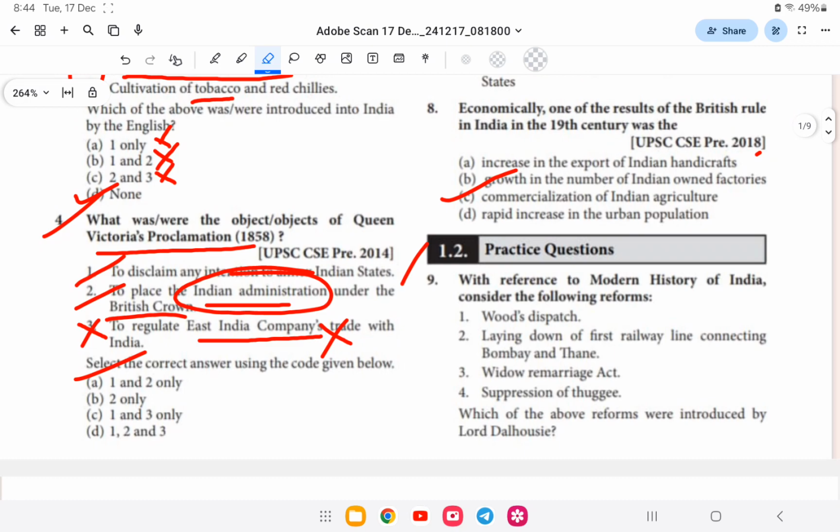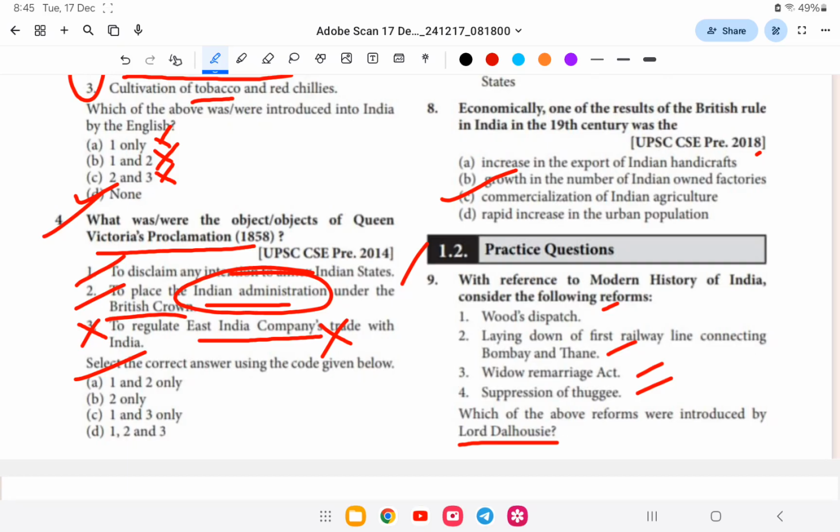With reference to the modern history of India, consider the following reforms. Wood's Dispatch, laying down of the first railway line connecting Bombay and Thane, widow remarriage act, or suppression of thugi. Which of the following reforms were introduced by Dalhousie?